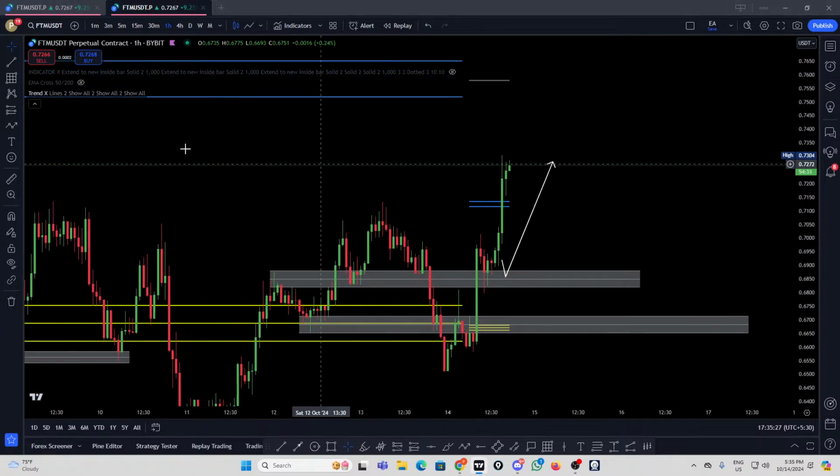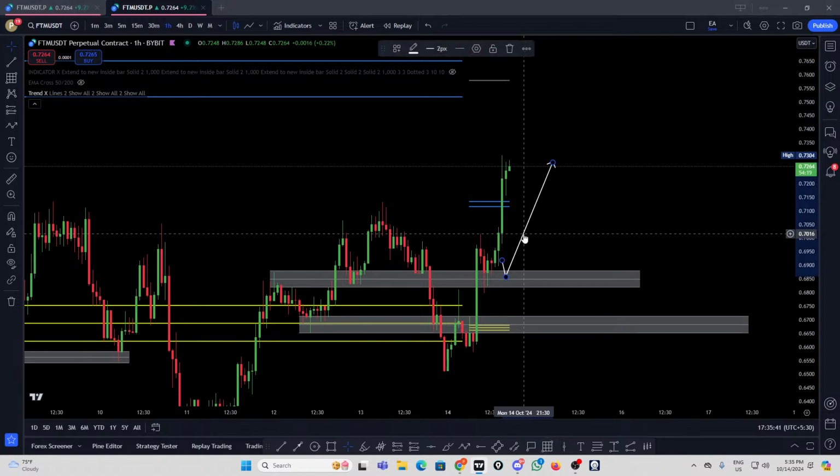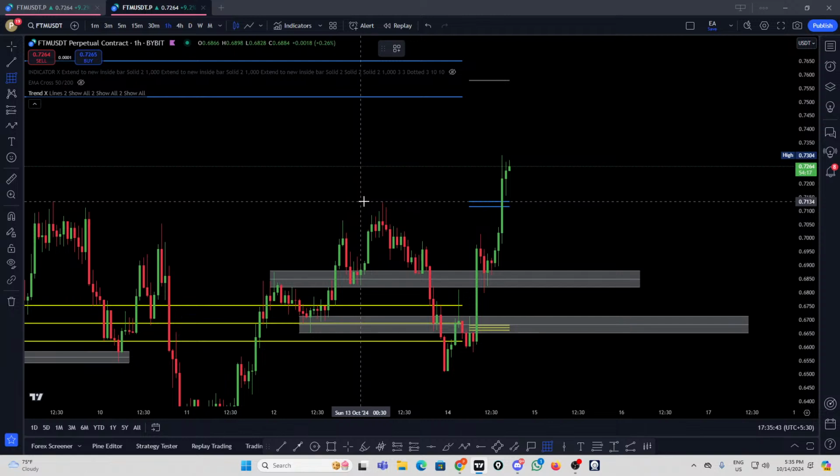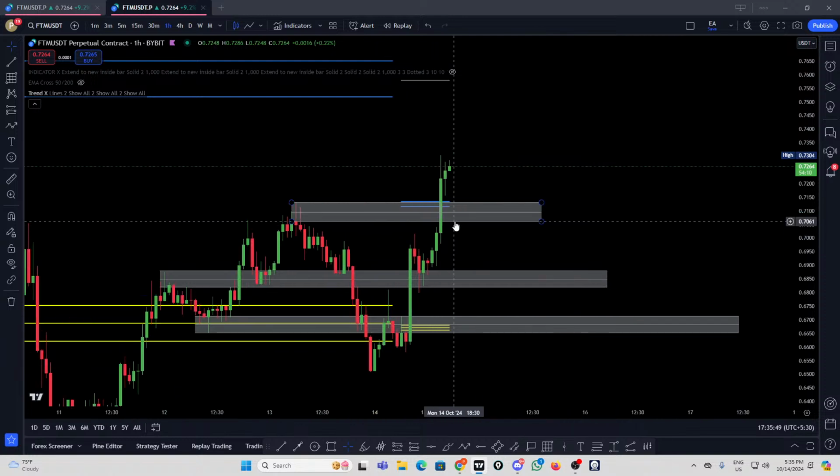Always remember, if you keep your stop loss below this resistance, sorry, support, now it has become support, there are high chances it will take your stop loss. The best way to keep your stop loss is to mark the recent wick. So now your stop loss will be below this zone.